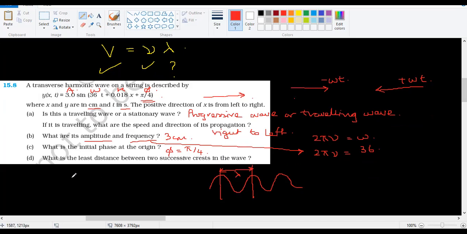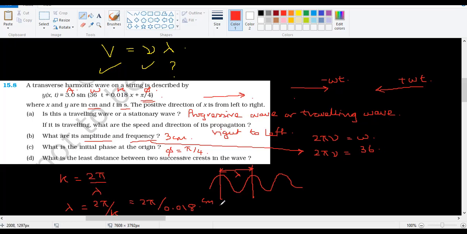So how do I calculate λ? k is equal to 2π by λ, so λ is equal to 2π by k. k is 0.019 per centimeter.